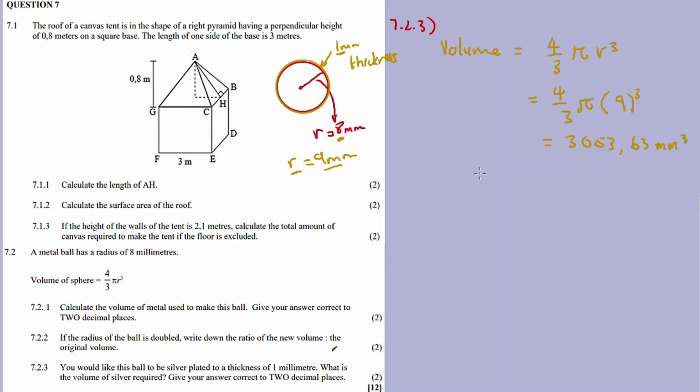Now look at the volume we calculated in 7.2.1. This volume is 2144.66 millimeters cubed, the volume without the silver plating.